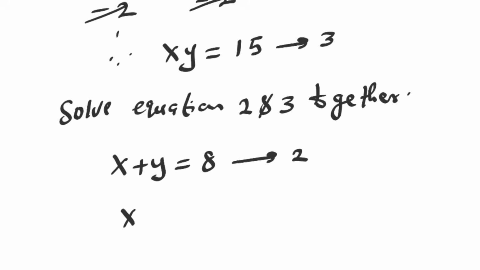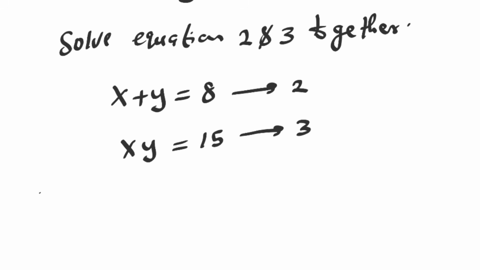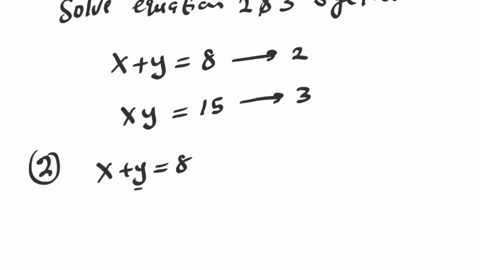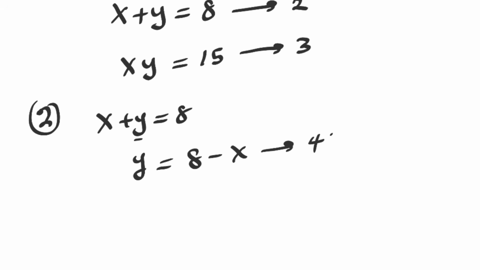Equation 3 is xy is equal to 15. Now from equation 2, we have x plus y equal to 8. Let's make y the subject of the formula. y is equal to 8 minus x. Let us call this equation 4.